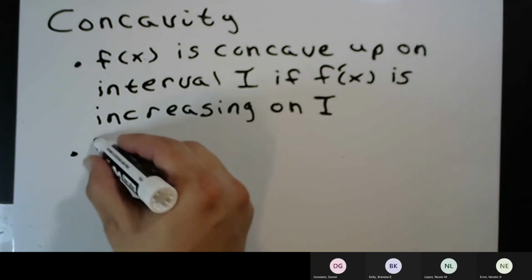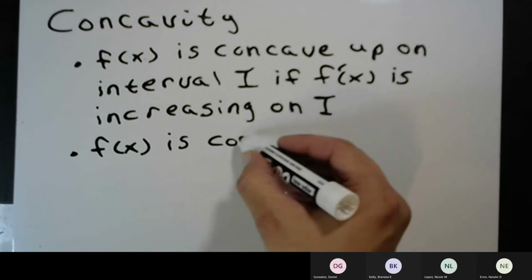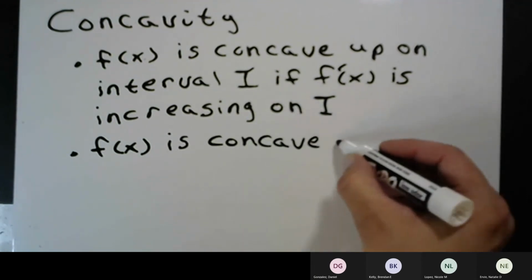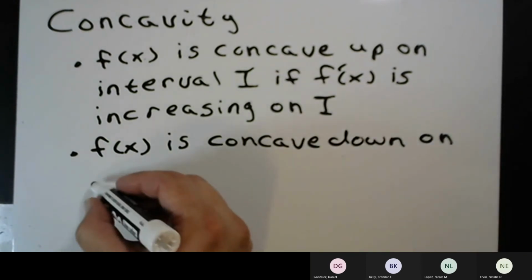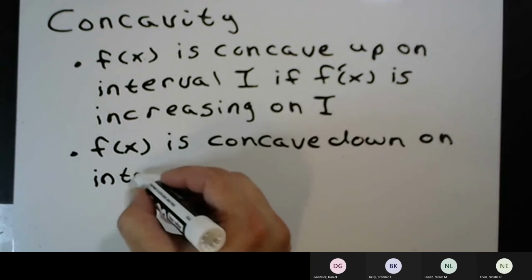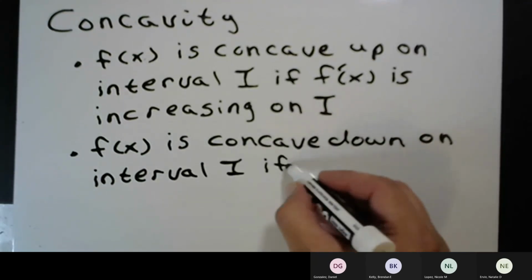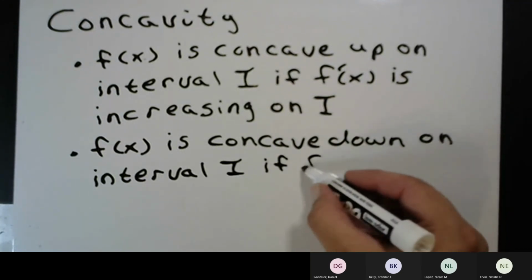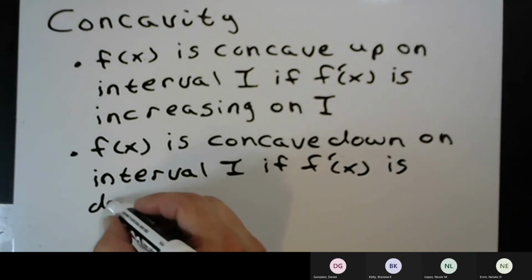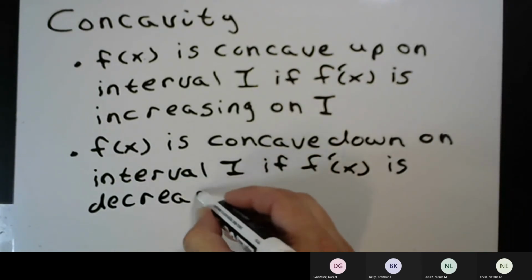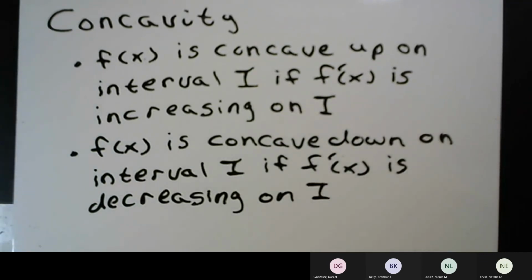And then we're going to say that f of x is concave down on interval I if f prime of x is decreasing on I. I'll go over some illustrations of what this means.